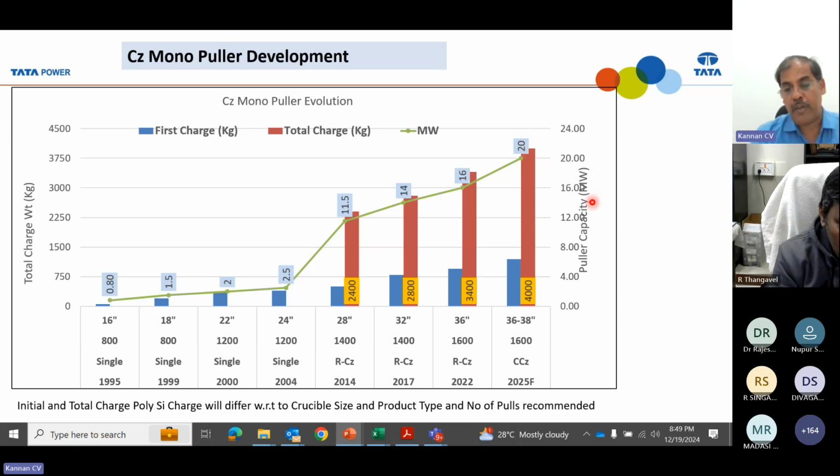Right, so there is a significant improvement in overall equipment capacity, and the number of pullers needed to produce a certain quantity has drastically come down. That will minimize your capital investment.